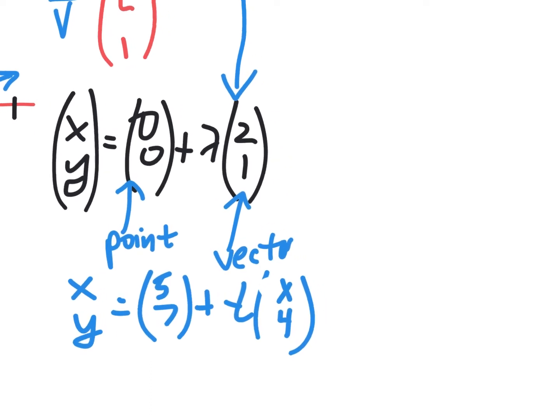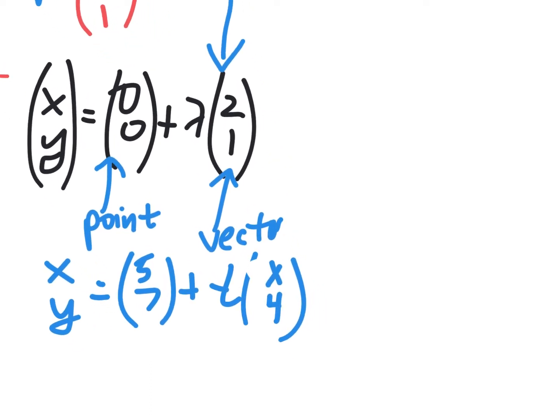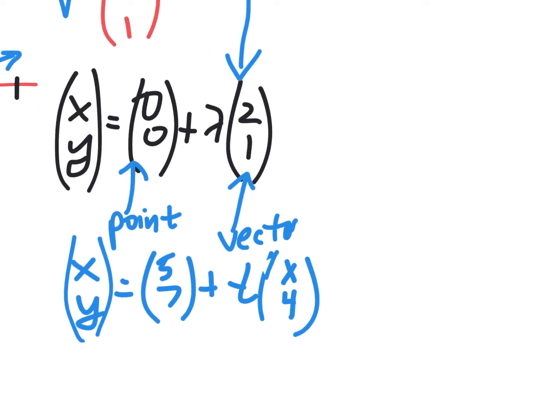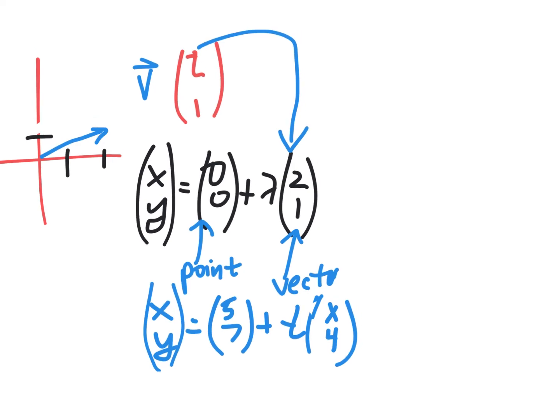Would you please solve it so that you can tell me what x is for these two vectors to be perpendicular? So this brings up the concept of dot product. I'm calling this vector R. This one was vector V. Dot product.